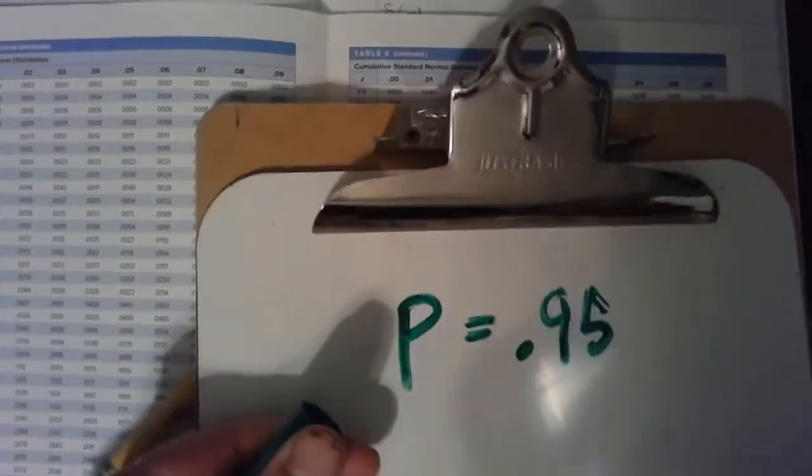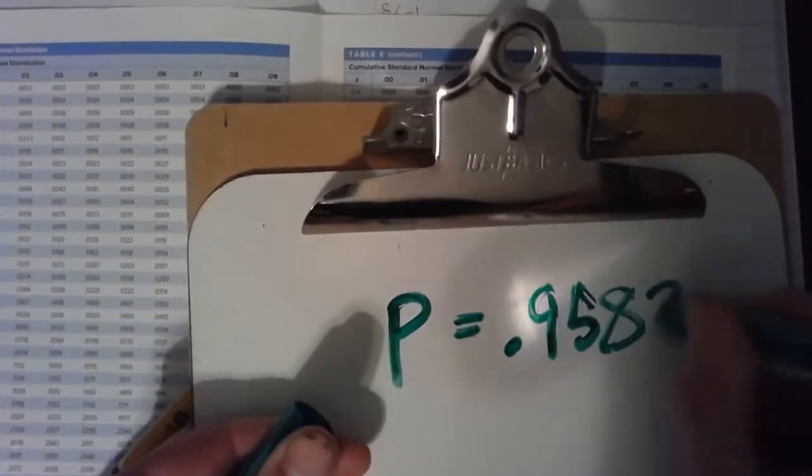Okay, and after going and fetching my reading glasses, I can now see that this value says 0.9582. So let me just jot that down. Right, so our probability or the area is equal to 0.9582. Just going to write that so we don't forget it.